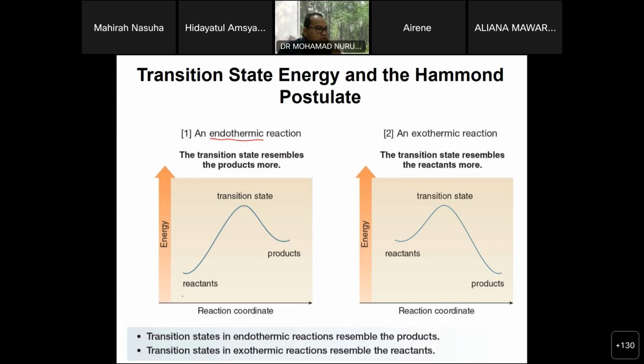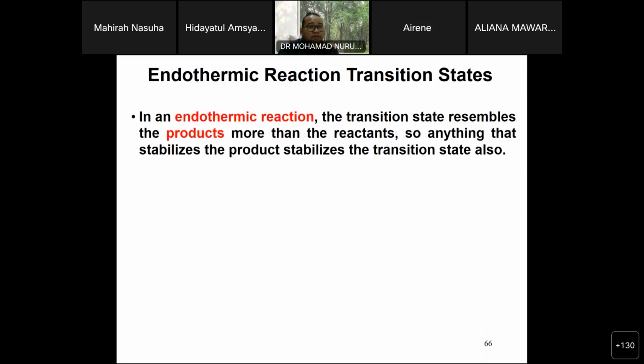So as a conclusion for these two diagrams, the transition state of the endothermic reaction, if you have highlighted, you can highlight here, resembles the products and is more favorable to products. The exothermic reaction is more favorable to reactants. Like the previous slide, in an endothermic reaction the transition state resembles the product more than the reactants.